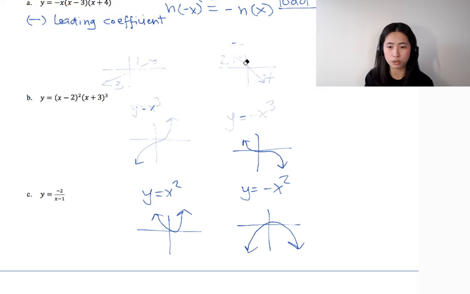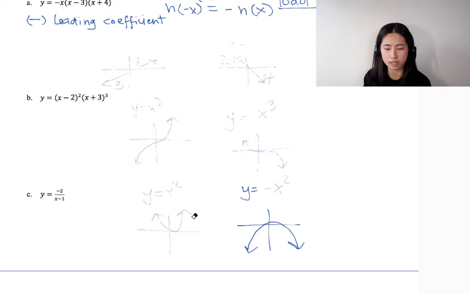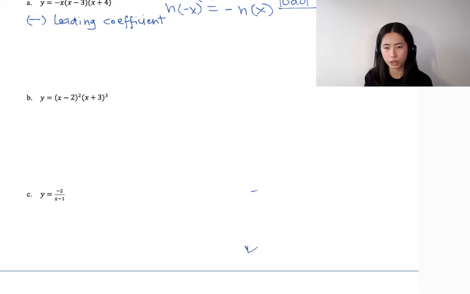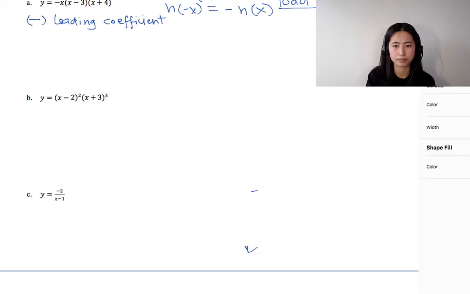So let's move on to multiplicity versus degree. You've probably heard what multiplicity is, and also zeros, right? Zeros and multiplicity are related to one another. For example, you have x, and you have x minus 3, and you have x plus 4, right?